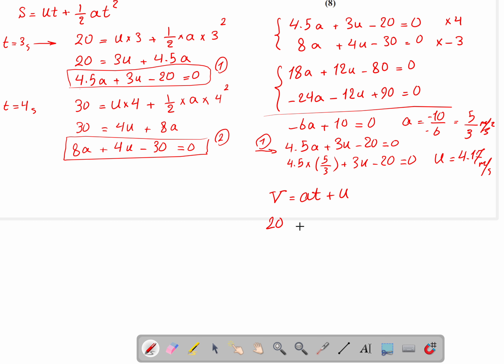So 20 equals 5 divided by 3 multiplied by t plus 4.17. Now t will be 9.5 seconds.